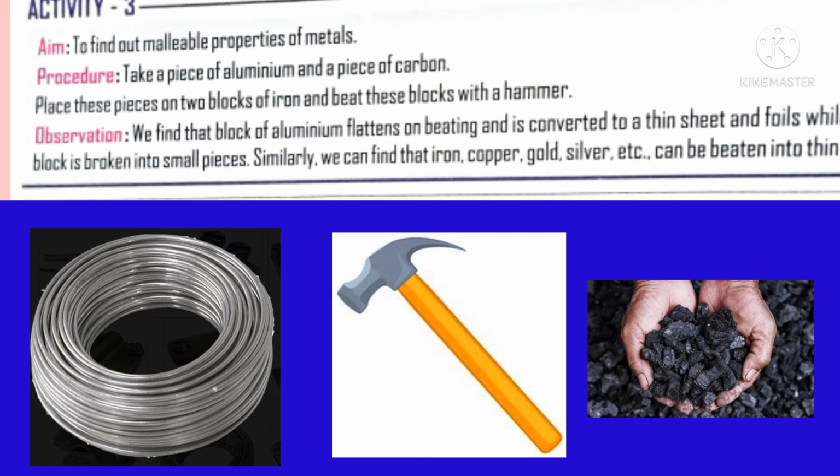If you beat the coal, it turns into small pieces. We can say that non-metals have a brittle nature. Brittle means breaking into small pieces. In the same manner, we can beat metals like aluminium, copper, and silver and they change into thin sheets. That means they show malleability. So what do you conclude? All metals have malleability whereas non-metals have a brittle nature.